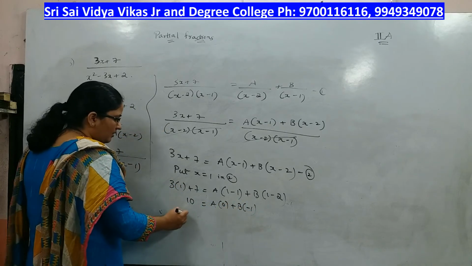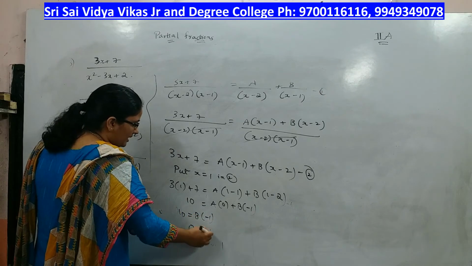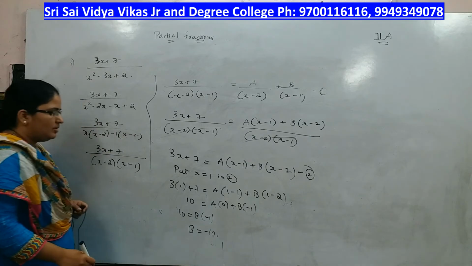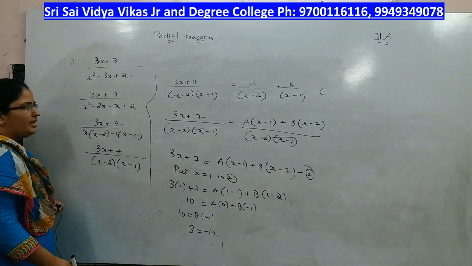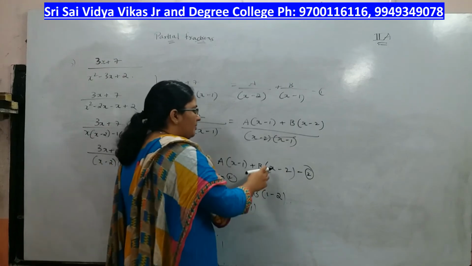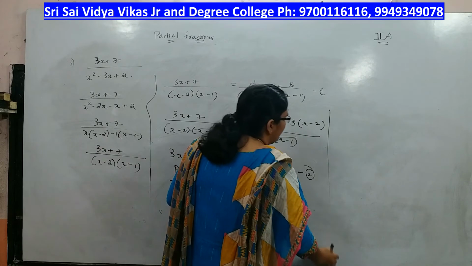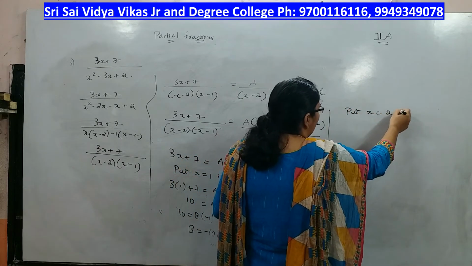So 10 is equal to b into minus 1, b is equal to minus 10. So we got the value of b as minus 10. Now we have to get the value of a. In order to get the value of a, put x is equal to 2 in 2.